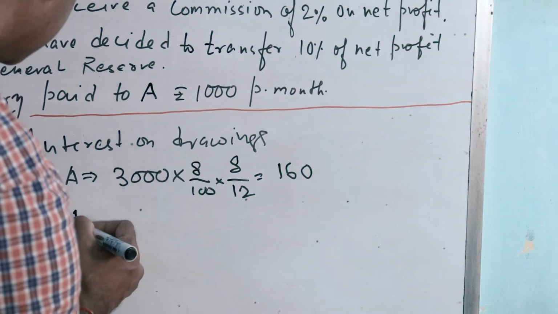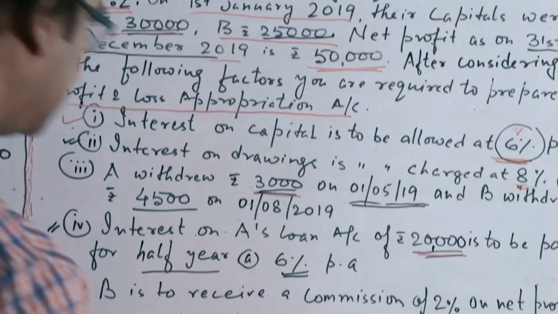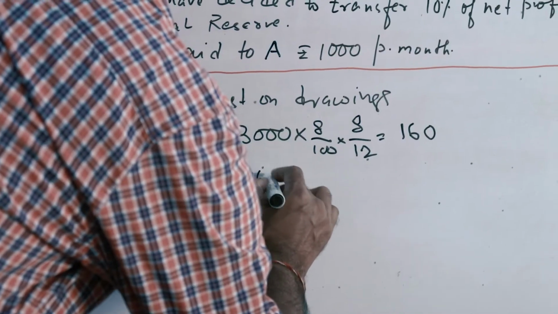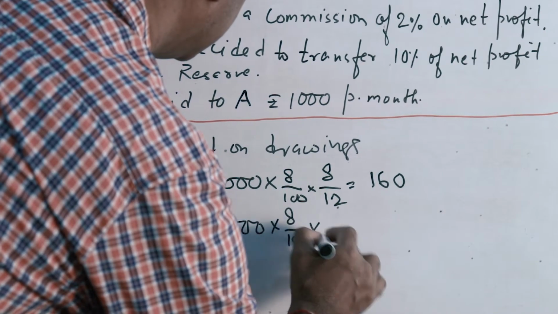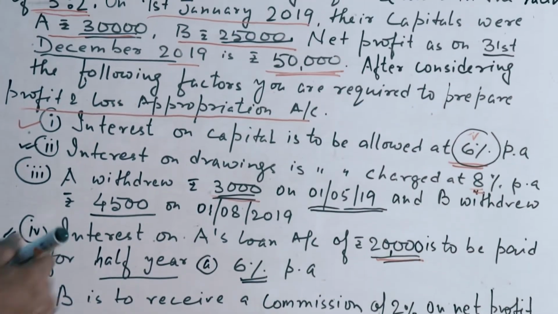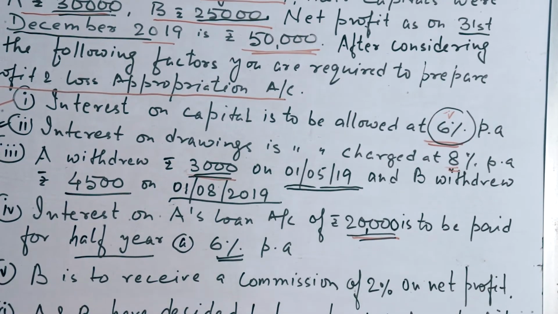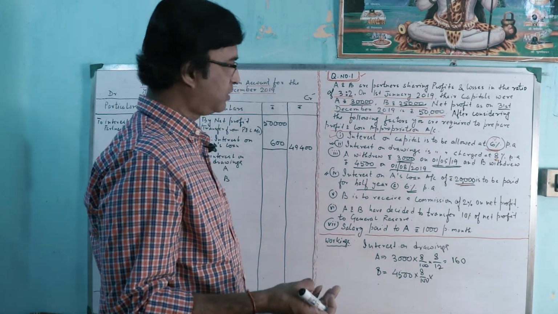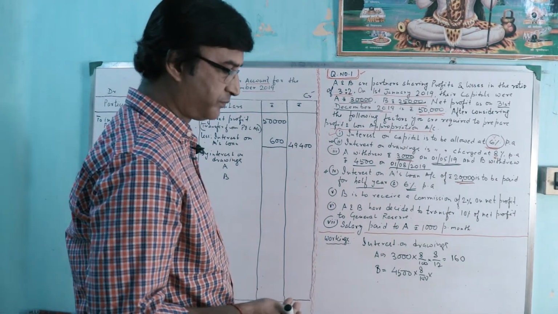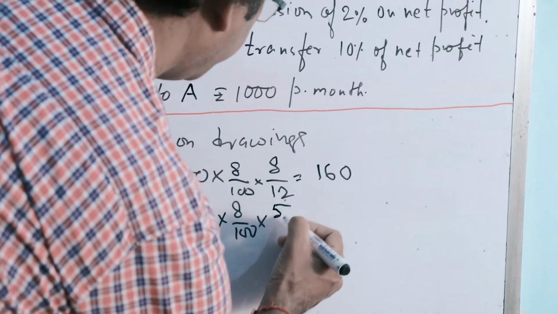And B इंटरेस्ट कितना होगा? B उठाया है 4500 into 8%. अब इसने कब उठाया है? August, 1st August. So he will pay interest for the month of August, September, October, November and December. It comes 5 months. So 5 by 12.